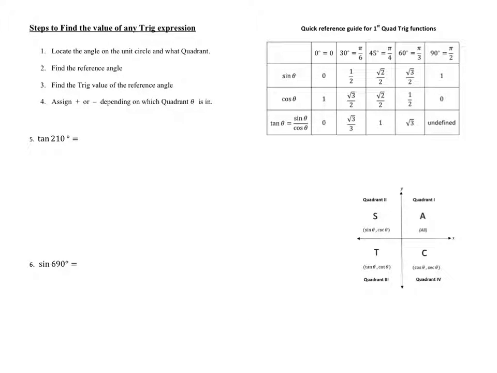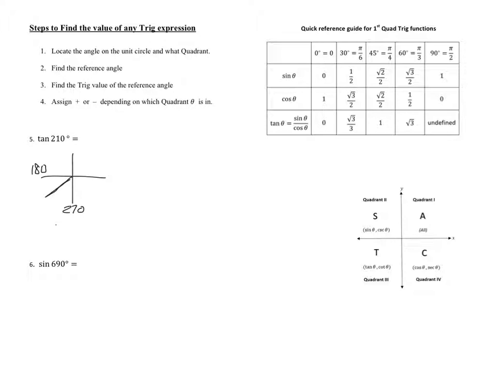Okay, let's look at the tangent of 210 degrees. Okay, we haven't been using degrees very much, so let's look at this. Let's first find where 210 lies. Okay, so we know right over here, halfway around the circle is 180 degrees. 3/4 of the way is 270, so we should know that 210 lies somewhere in quadrant 3.